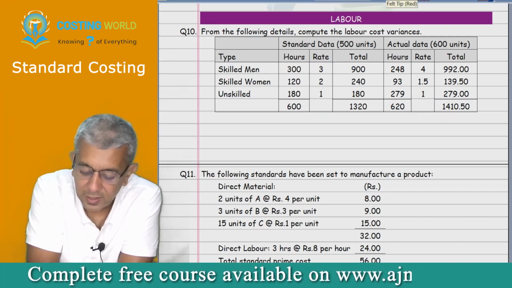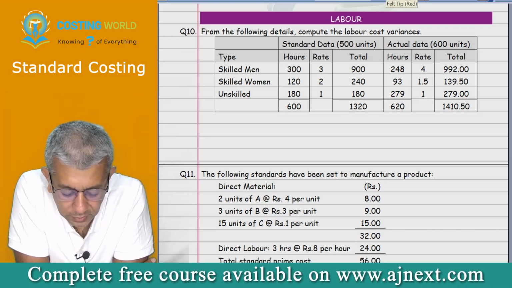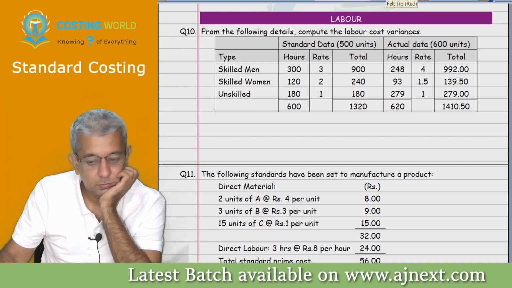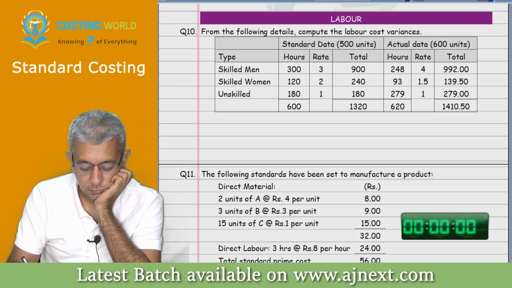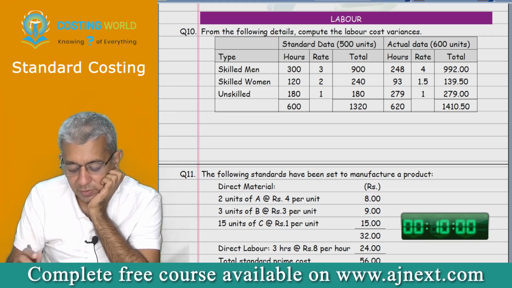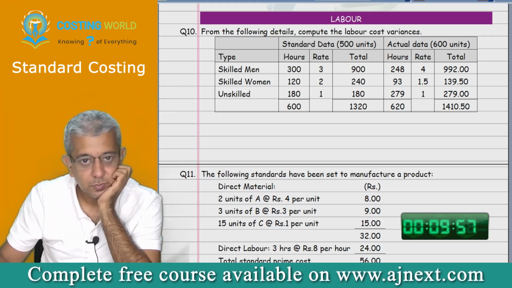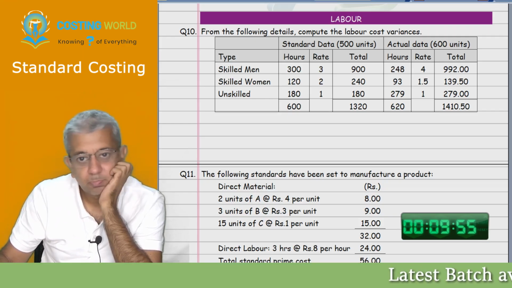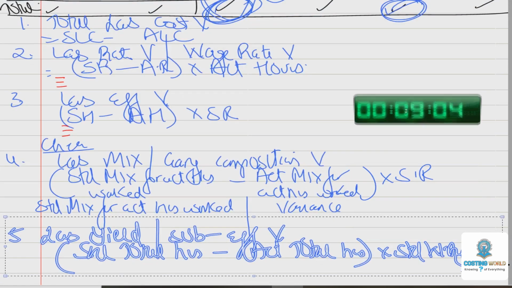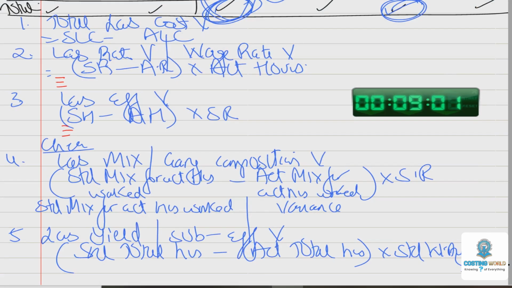Copy down your given standard and actual data, and then prepare your revised standard and then start with the variances. To write down the formulas and everything you have 10 minutes in all. I'm changing the page to your variances names, please. Please finish.